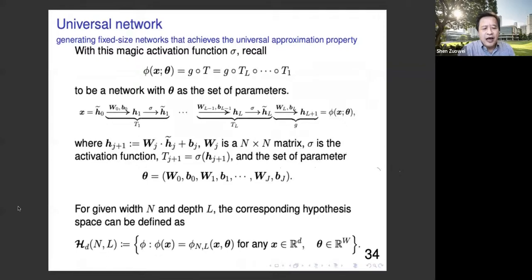The hypothesis space H is that, given N and L, the depth and width, you generate the parameter space. This is my hypothesis space of neural networks with N width and L depth.